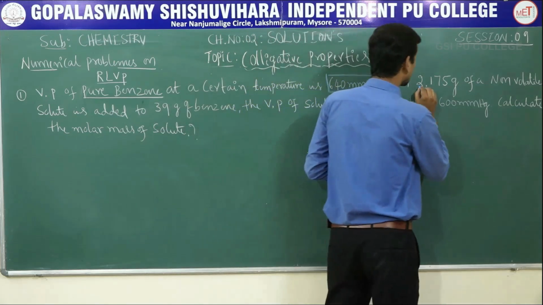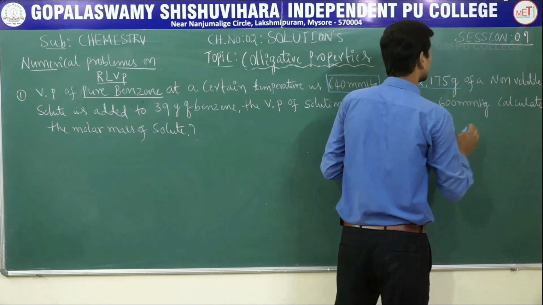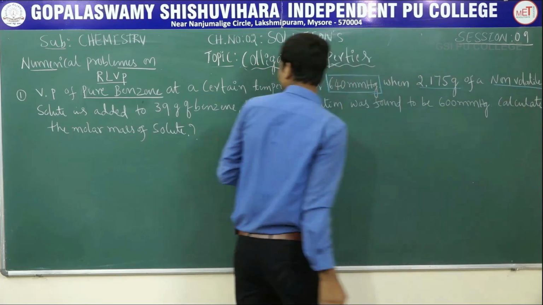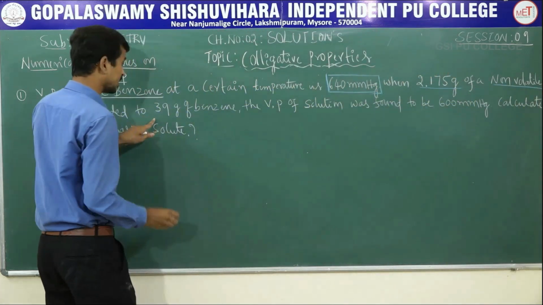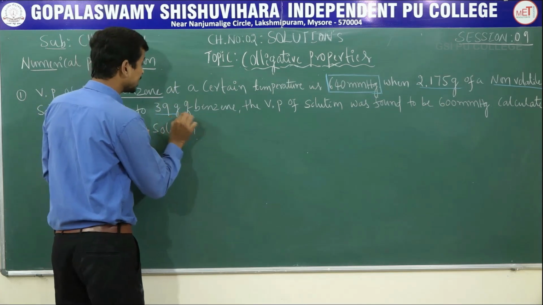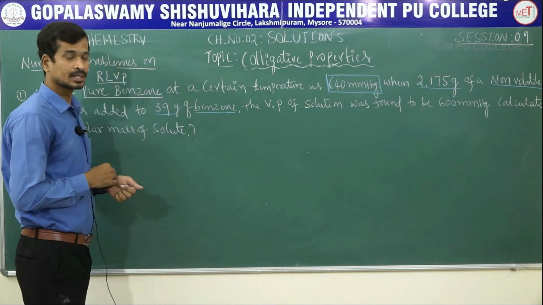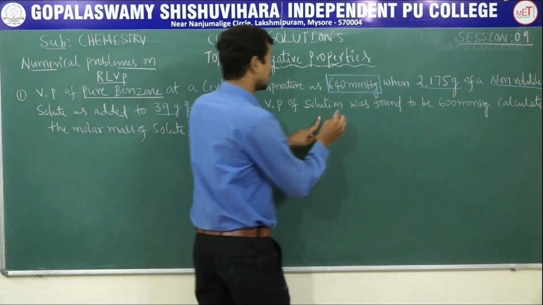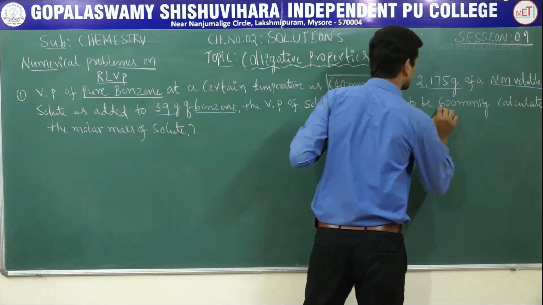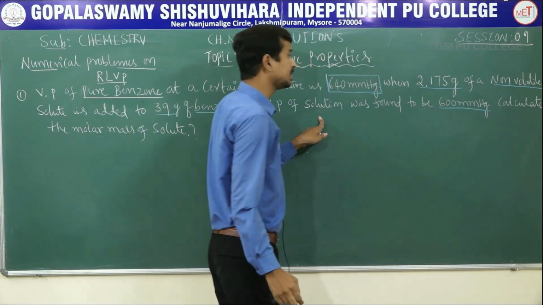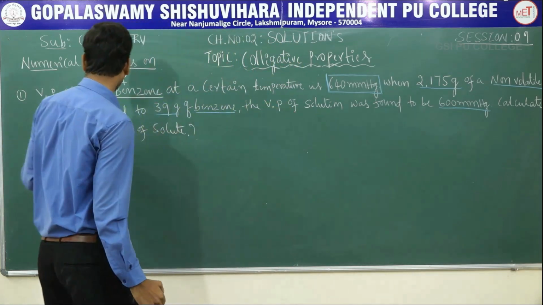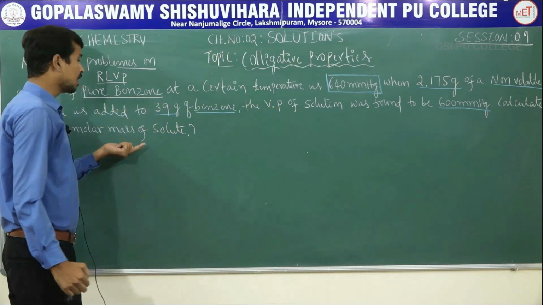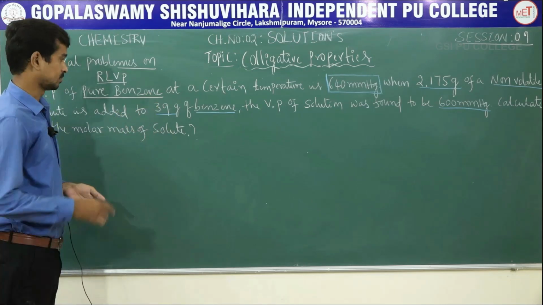When 2.17 gram of a non-volatile solute is added to 39 gram of benzene, the vapor pressure of the solution was found to be 600 millimeter of mercury. Calculate the molar mass of the solute.